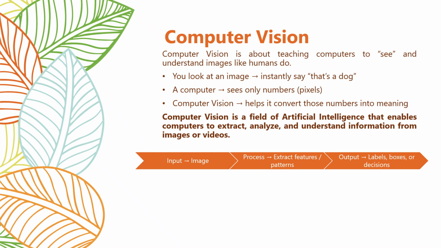Now in this computer vision topic, computer vision is about teaching computers to see and understand images like humans do, right? So first, an image is provided as the input, and next the system extracts important visual features such as edges, corners, shapes, textures, and color information.